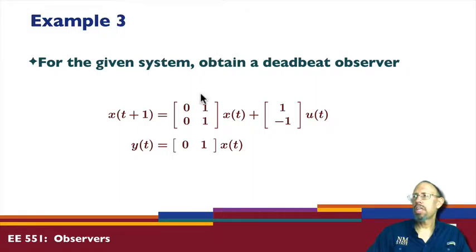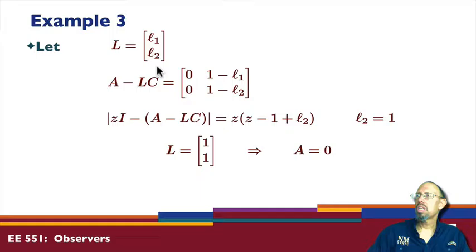All right, now we're given a system. We're asked to obtain a deadbeat observer. We have this system, and we can go through and show that in fact this system is not observable. Therefore, we cannot place all the eigenvalues anywhere we want. However, one of the eigenvalues is already at 0. In fact, when we form A minus LC, we can see that this is a triangular matrix, so one of the eigenvalues is already at 0, and the other we can place at 0 by choosing L2 equal to 1.